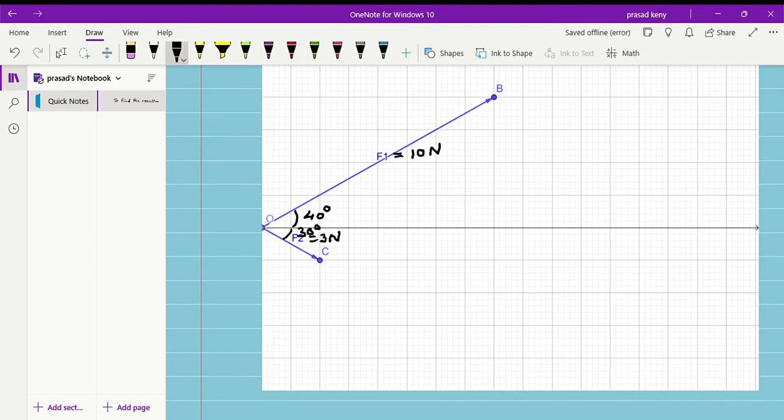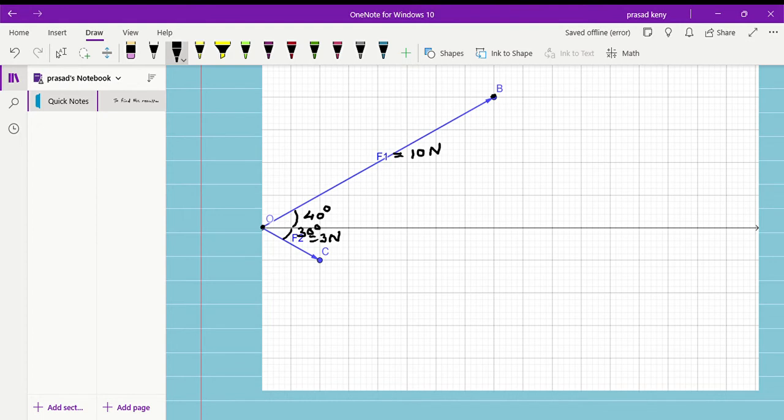Now, the question is, can we use the triangle law of vector addition directly in this case? Obviously no. Why? Because both the vectors have the same initial point. And as I have made it clear, to use the triangle law of vector addition, the second vector has to be drawn from the terminal point of the first vector.